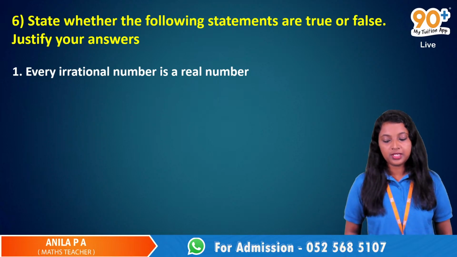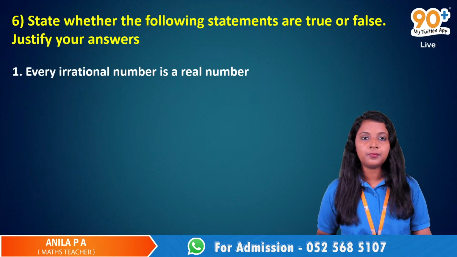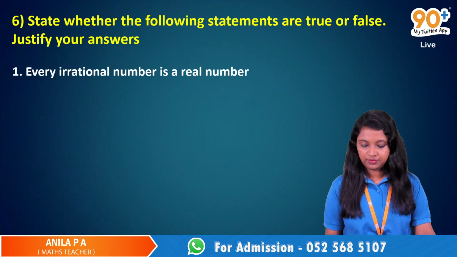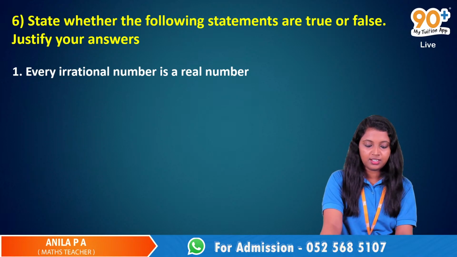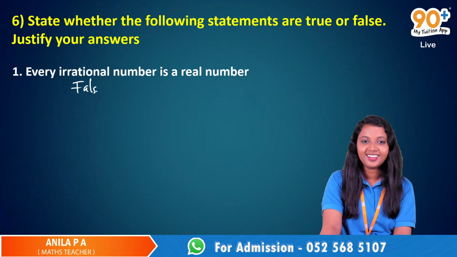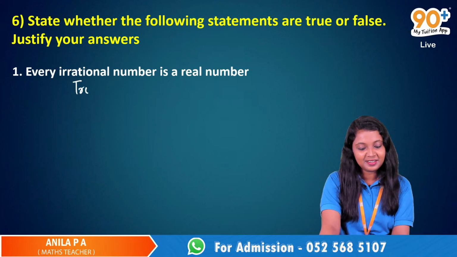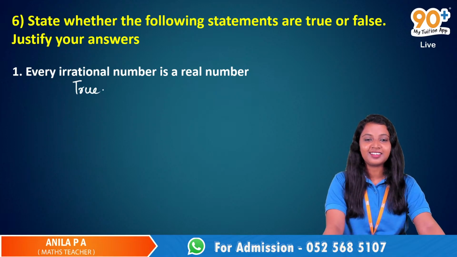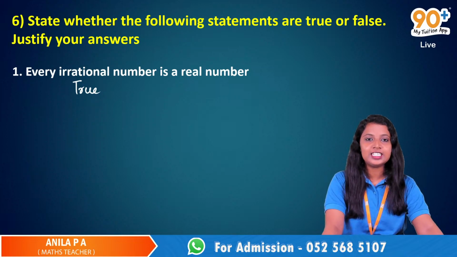Ma'am, can you please unmute someone? Every irrational number is a real number. True or false? Anurka. It's true, ma'am. Why? Because real numbers consist of both irrational and rational numbers. Yes, correct answer.